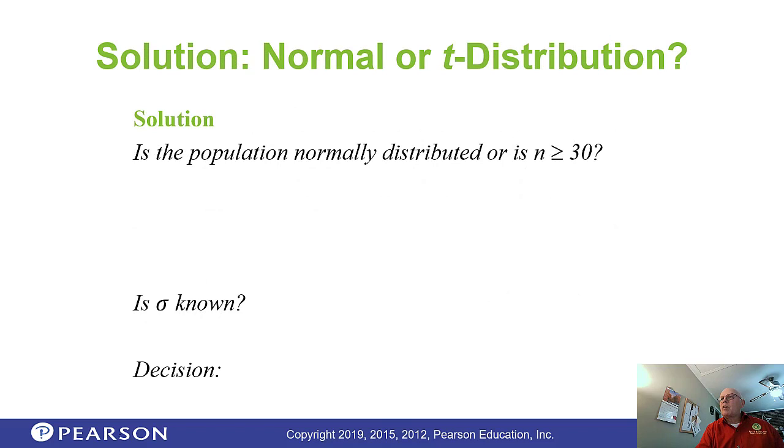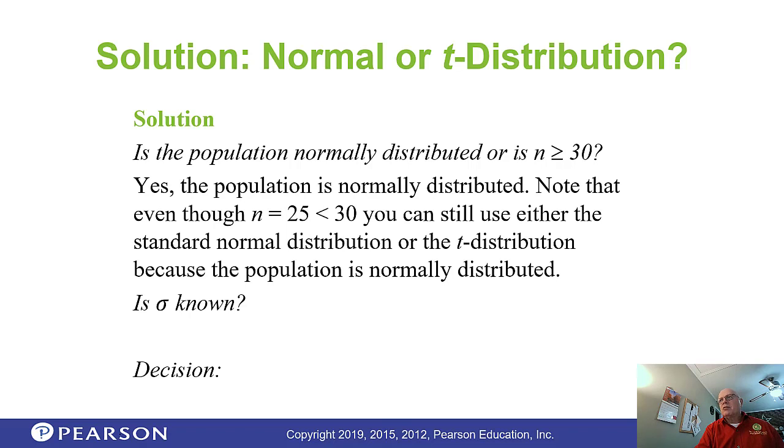Okay, first of all, is it normally distributed or n greater than or equal to 30? Yes. It told us it was normally distributed, so even though your sample is a little bit on the small side, you're still okay. You can use the standard one or the T distribution because it's normally distributed.